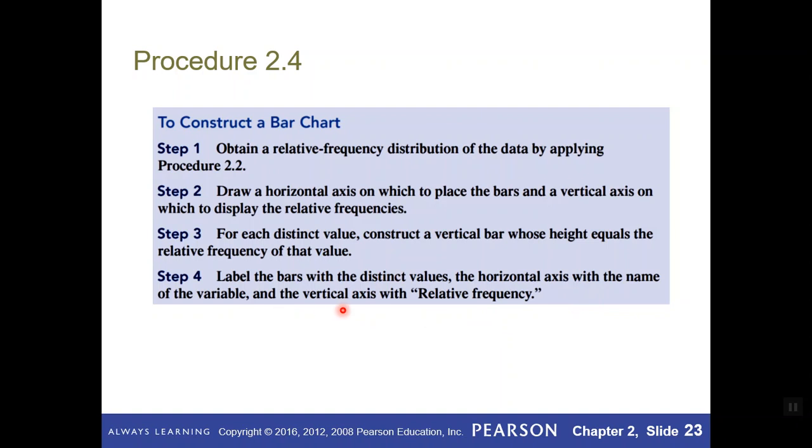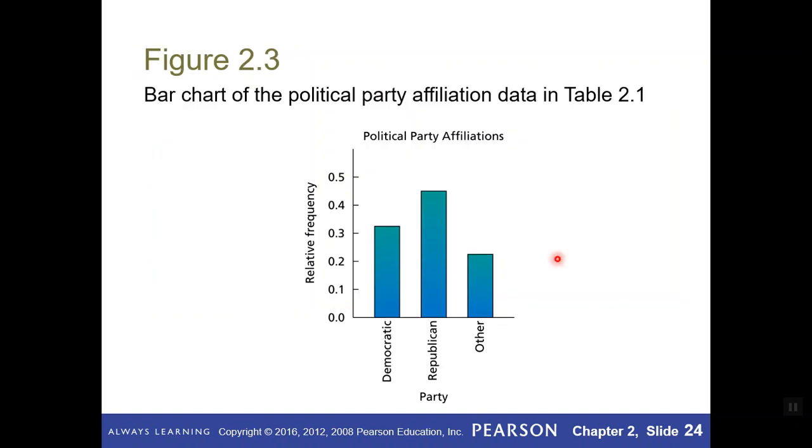Then draw the bars. Remember that the heights of the bars represent the frequency. Okay, this is an example based on a previous example, the Democratic, Republican and other example.